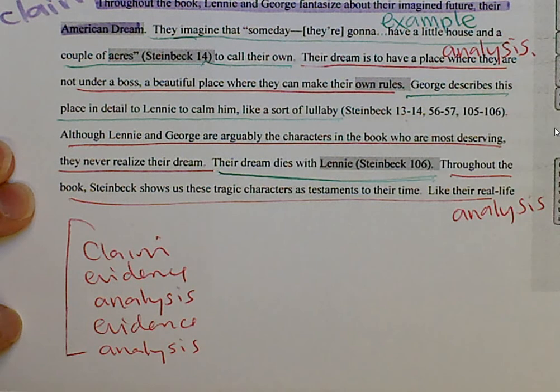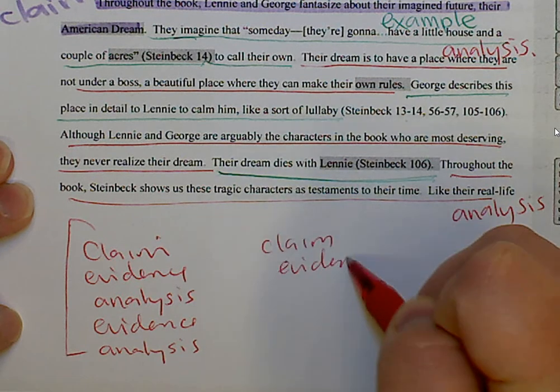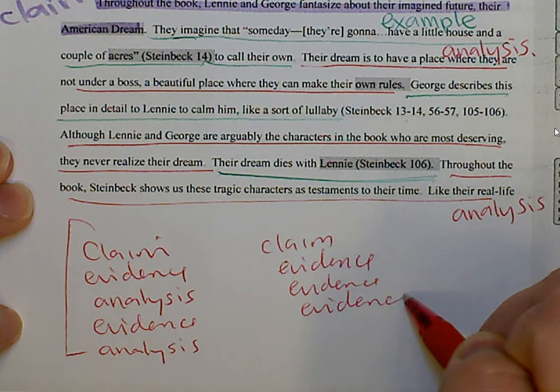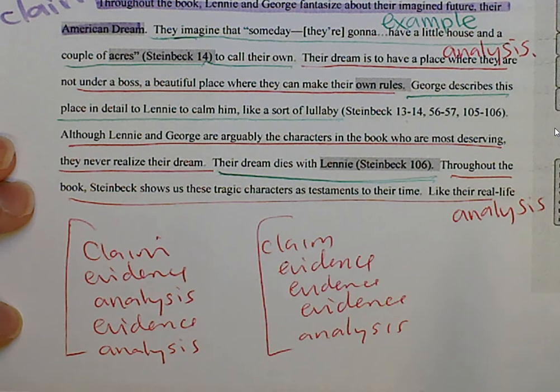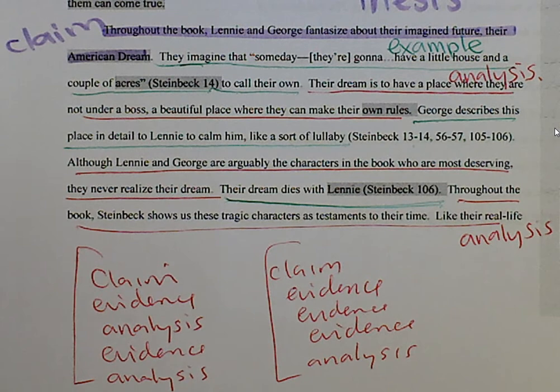Or it could go claim, evidence, evidence, evidence, and then a lot of analysis at the end of the paragraph. It kind of depends on what makes more sense, what's more clear as you're writing. I sort of did a hybrid here. Let me read it for you and hopefully you'll get what I'm trying to say.